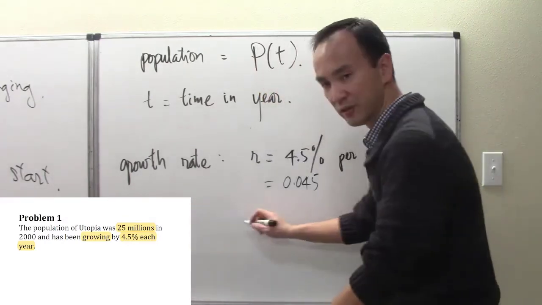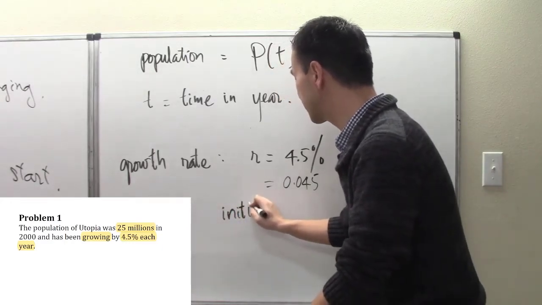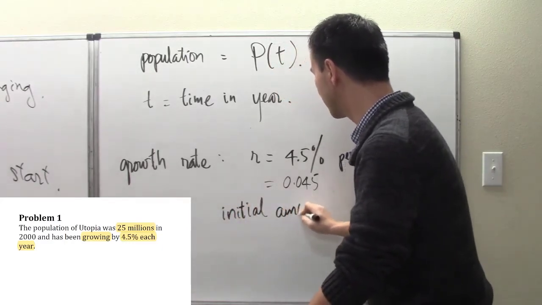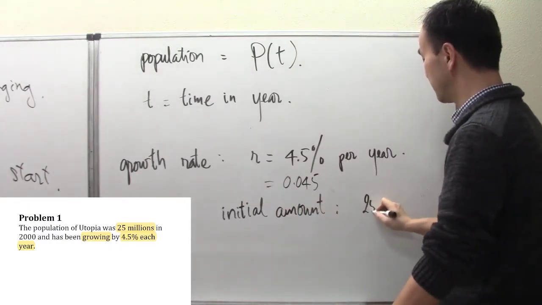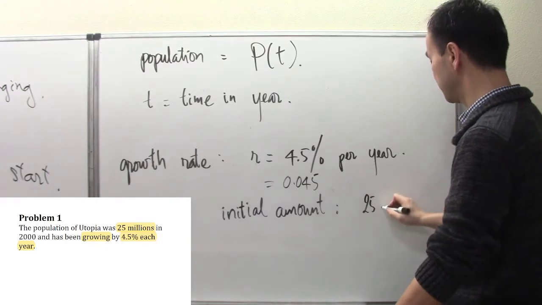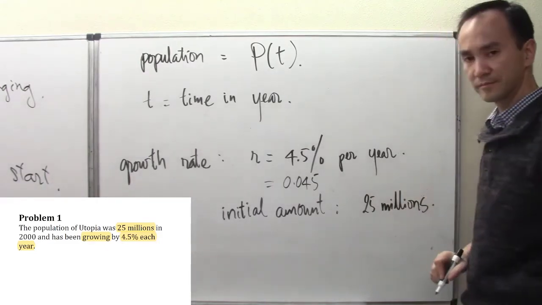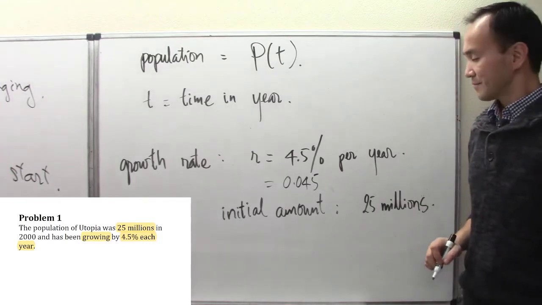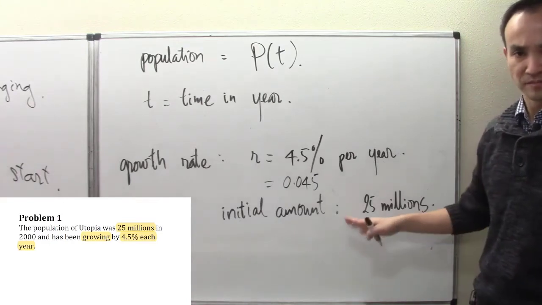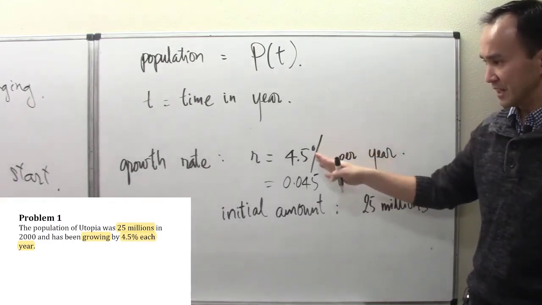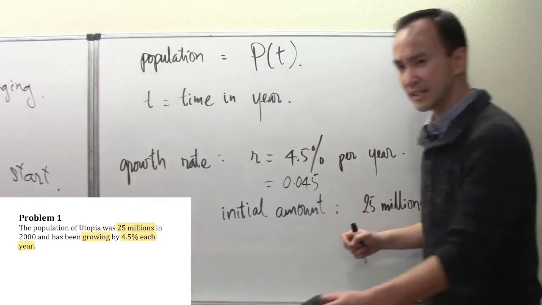I just now realized that my writing was hidden behind that screen, so I'm going to rewrite it here. The initial amount for this problem is 25 millions. So that's the initial amount, and then we have a rate, and we know the initial amount.